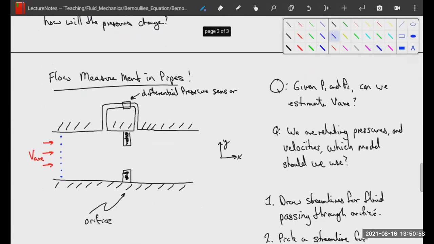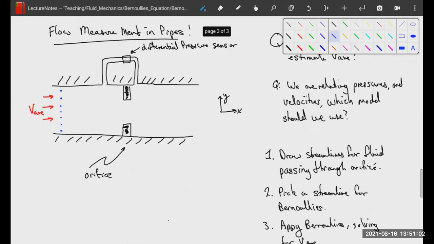So now we're going to look at flow measurement in pipes as our last example, I believe. Yeah, this is our last example. So we can use, obviously we talked about, well, we will talk about in class using Bernoulli's to measure flow for an airplane. We could do something very similar for flow in pipes.